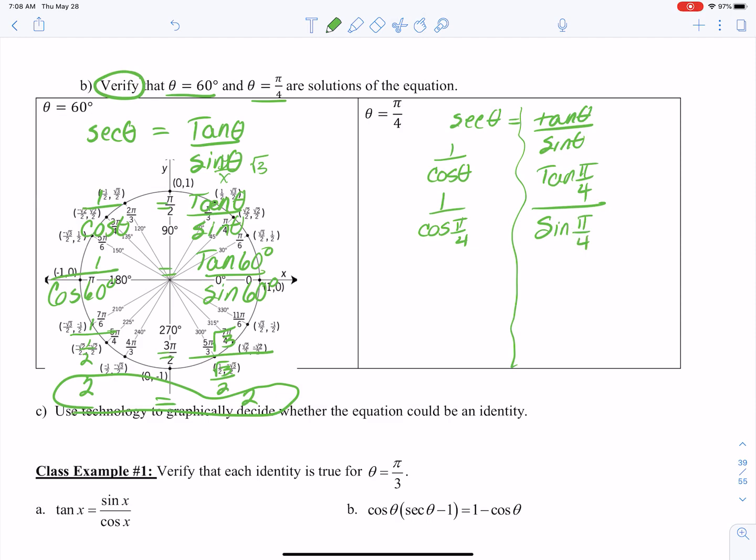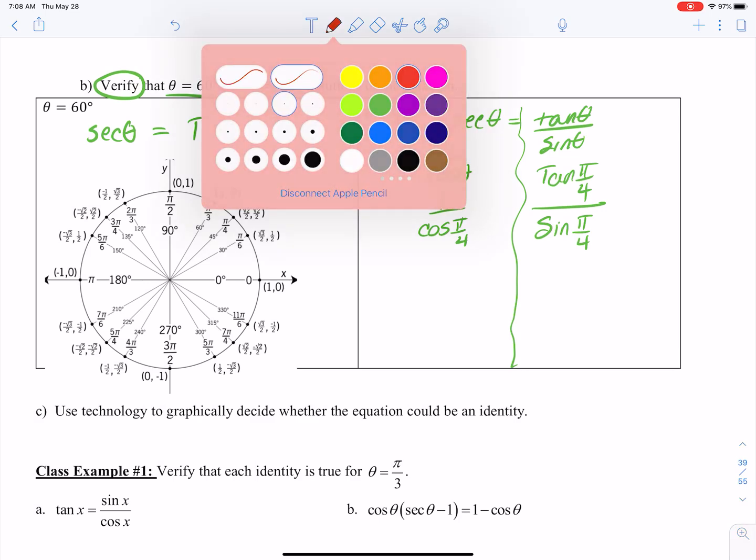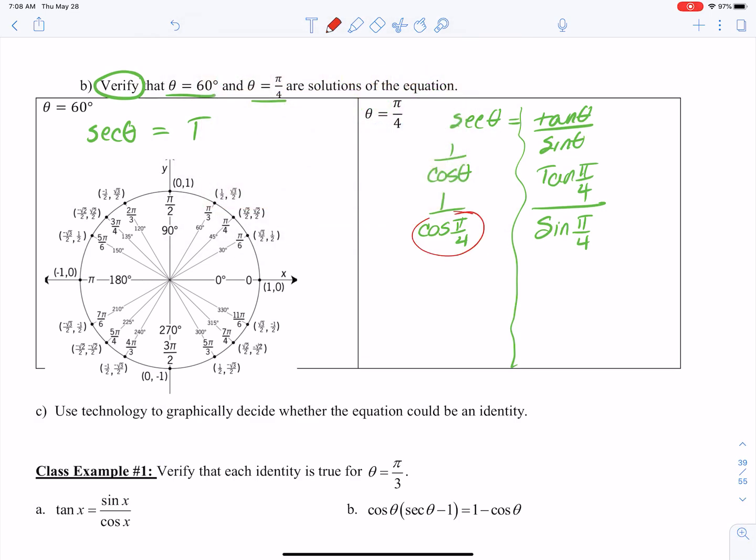All right, cos of pi over 4, bring this up a little bit. So cos of pi over 4 is root 2 over 2. So I end up with 1 over root 2 over 2. Tan of pi over 4 is y over x, which simplifies to 1.